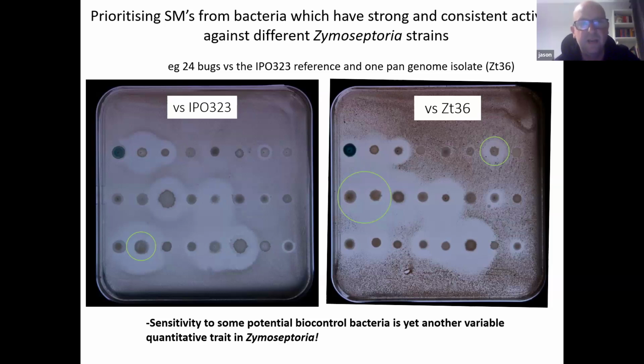So we started screening all the bugs against different Zymoseptoria tritici isolates, which was very worthwhile because we could start to see that some isolates were more resistant to inhibition by some of the bacteria, whereas some were more sensitive. So then we started to focus on those bacteria that were always able to give a good strong level of inhibition of all isolates of Zymoseptoria tritici, because this sensitivity is yet another quantitative trait in the fungus, basically.